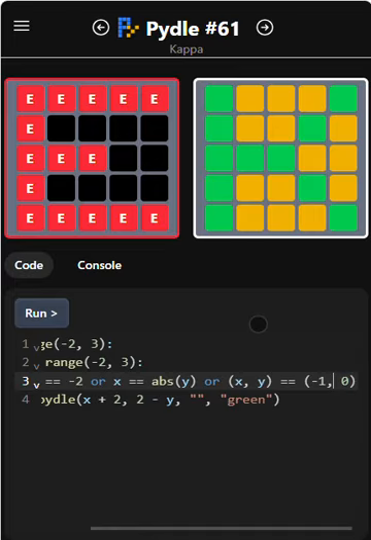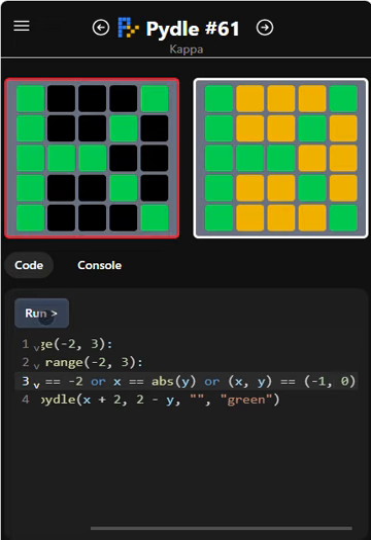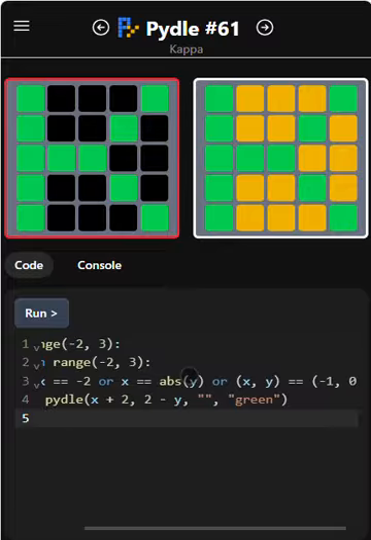There's a missing comma. So that's the whole Greek letter.